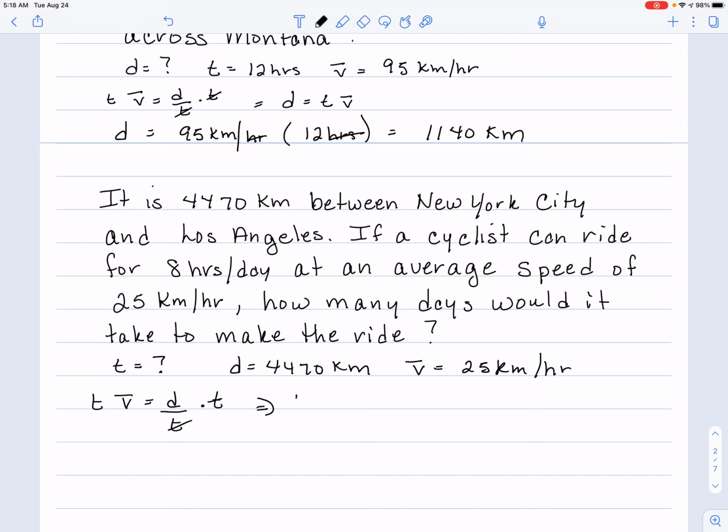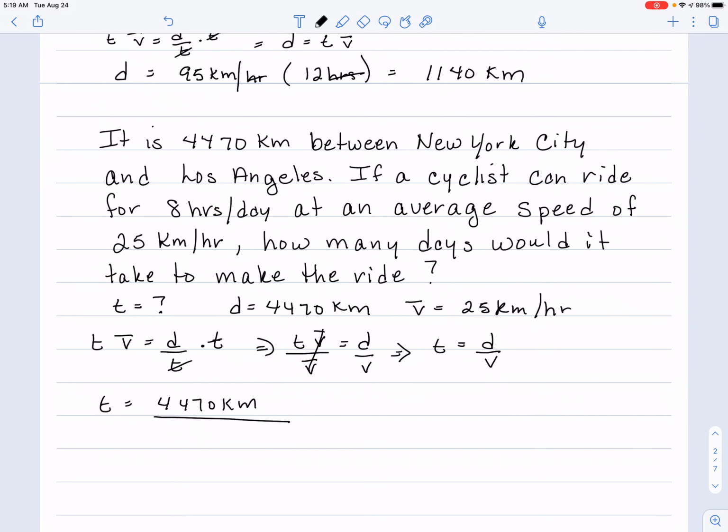T cancels, therefore we have TV equals D, and then we divide both sides by V. V's are going to cancel on the left, so therefore you're going to have T equals D over V. Okay, so T is going to equal our distance of 4,470 kilometers over V, which is going to be 25 kilometers per hour.